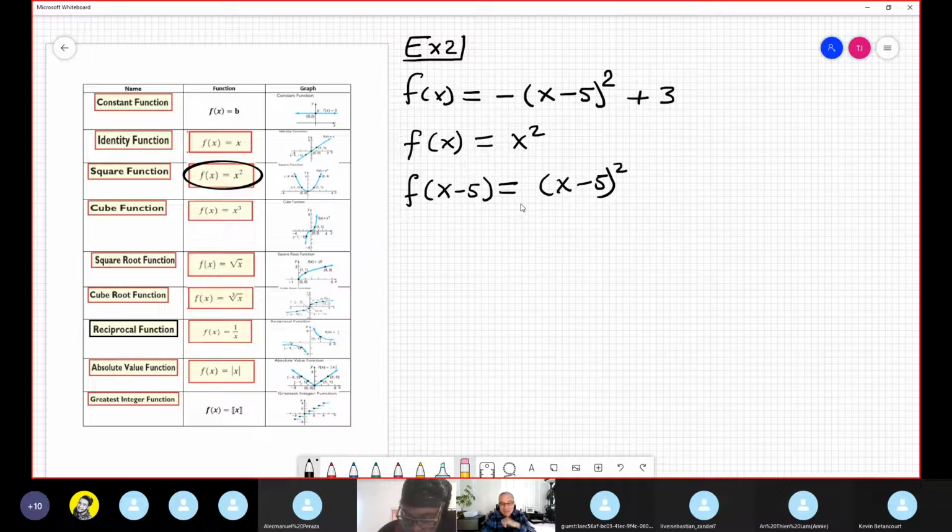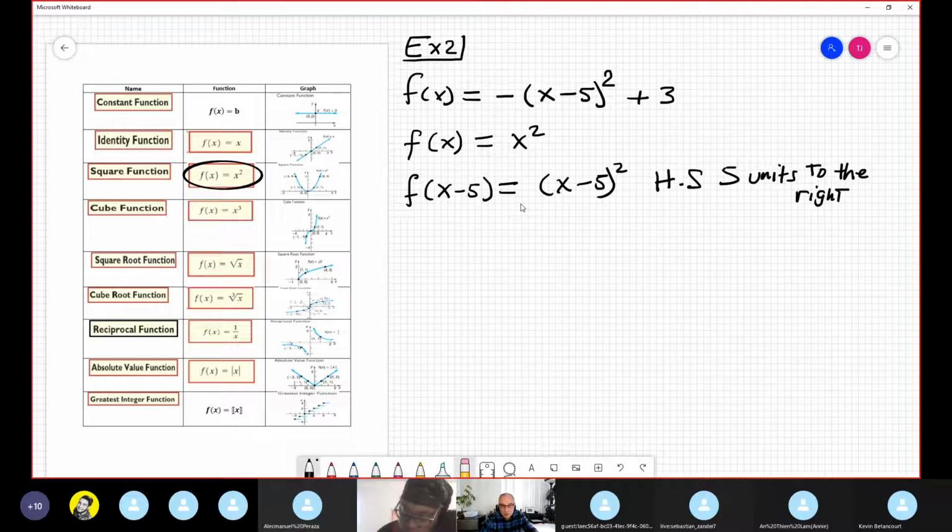And this is a classical horizontal shift, 5 units to the right. Because I need to know by memory: when it's negative, to the right; when it's positive, to the left.